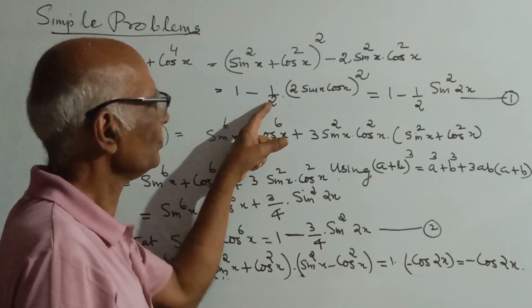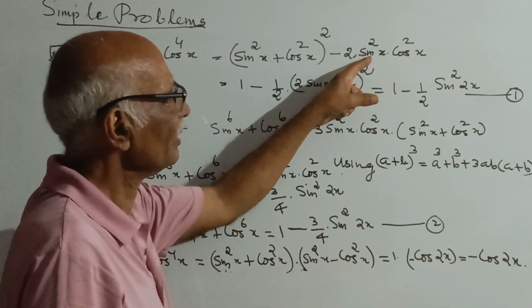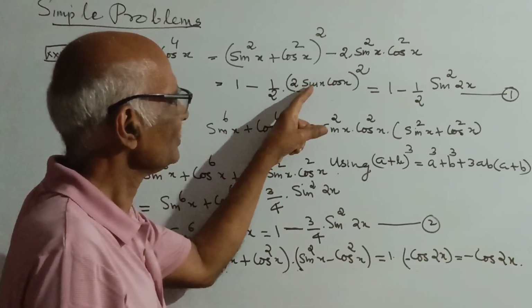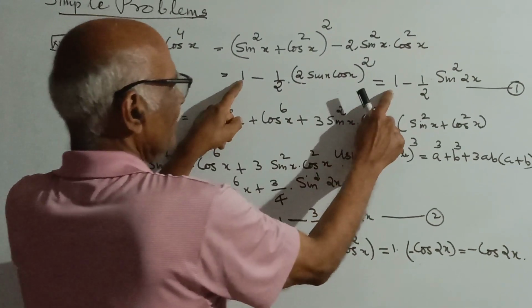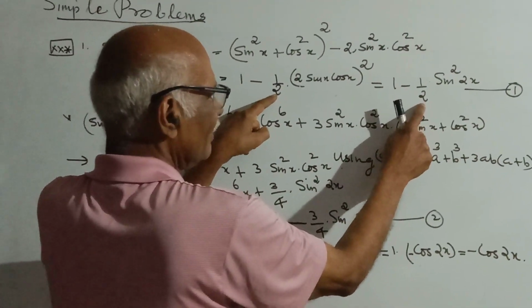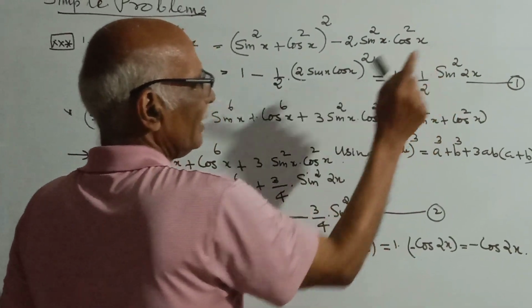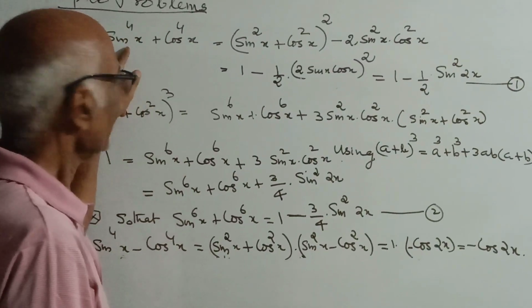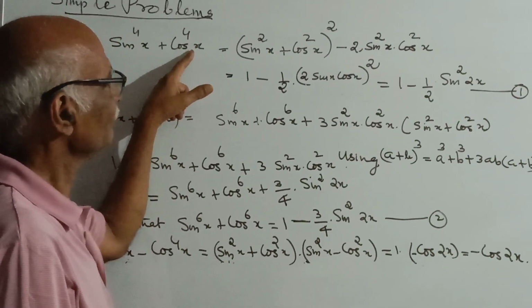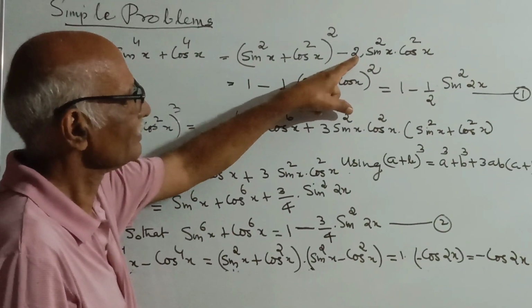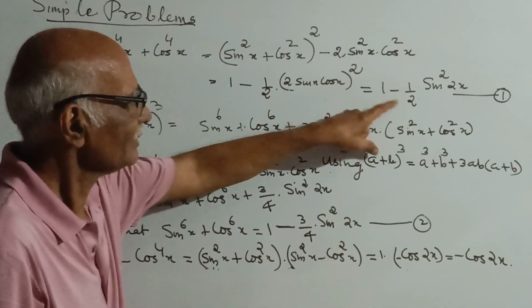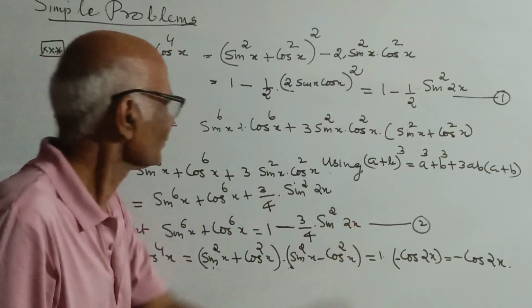If you divide by 2, it becomes 4 sin squared x cos squared x, which is 2 sin x cos x the whole squared. So the result is 1 minus half sin squared 2x. So sin raised to 4x plus cos raised to 4x can be 1 minus 2 sin squared x cos squared x or 1 minus half sin squared 2x.